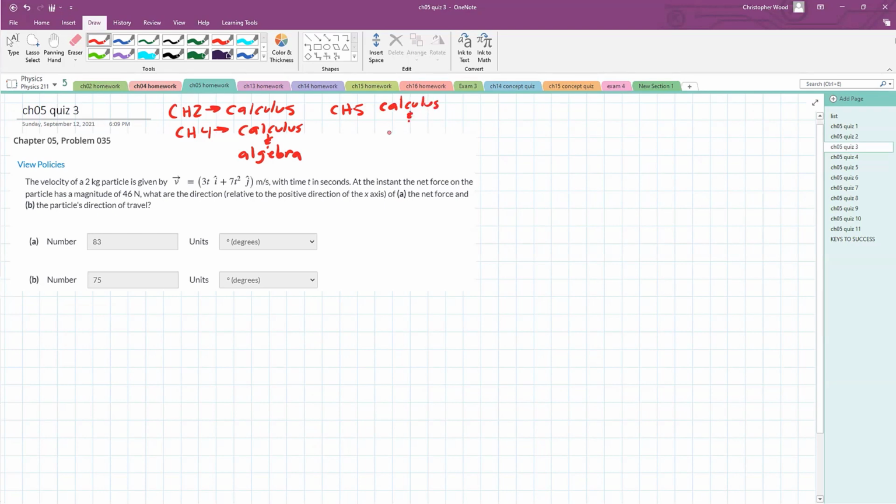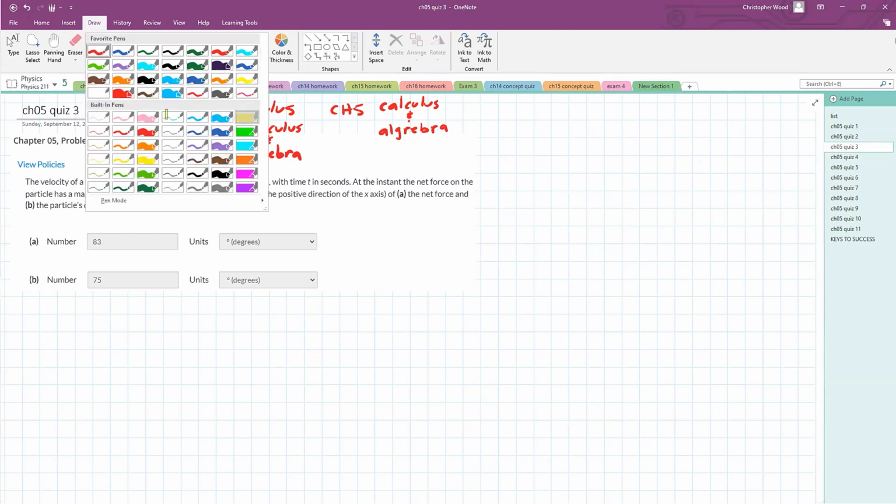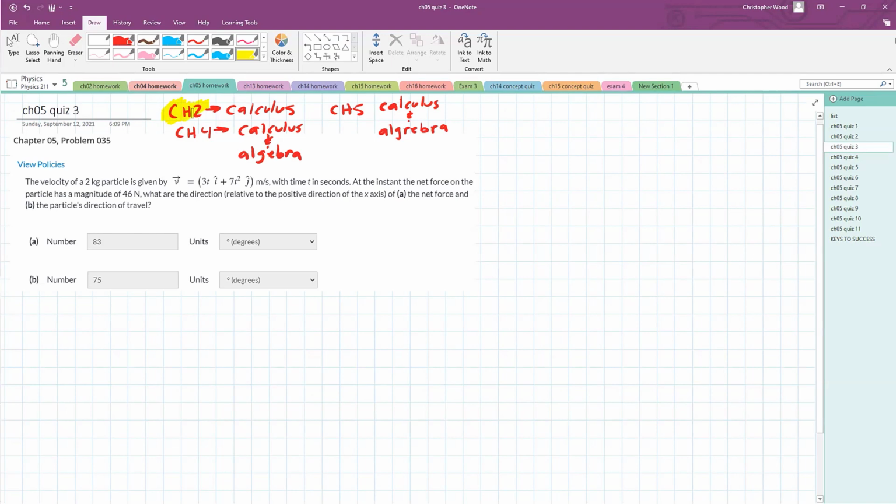Chapter 2, ironically, probably has more calculus than any other chapter, I think. And for physics 211, that's not true for physics 212, but again, it's good. I do like starting with chapter 2 because those students who just weren't where they needed to be for calculus drop the class. Then they come back at some later date. Everyone wins.